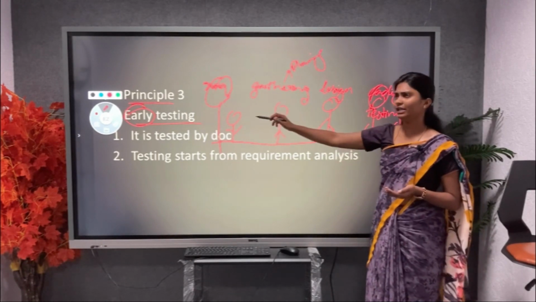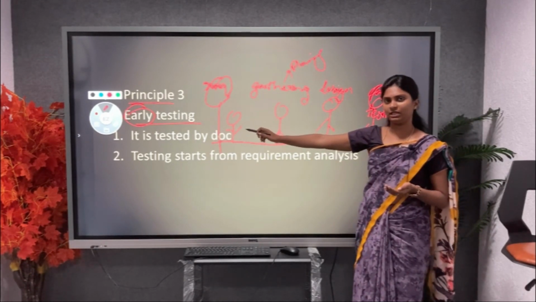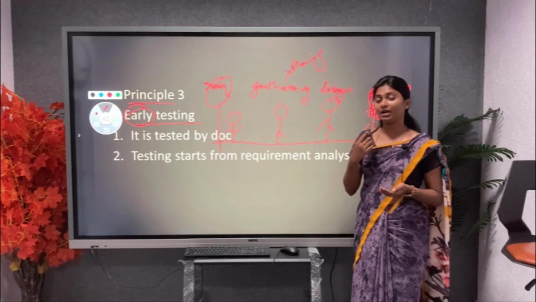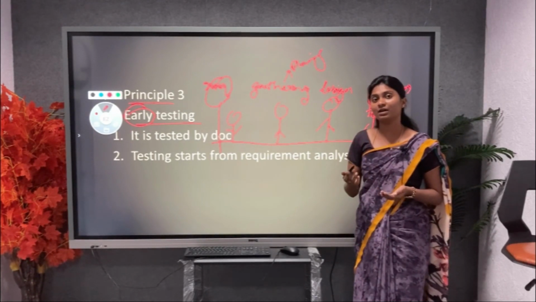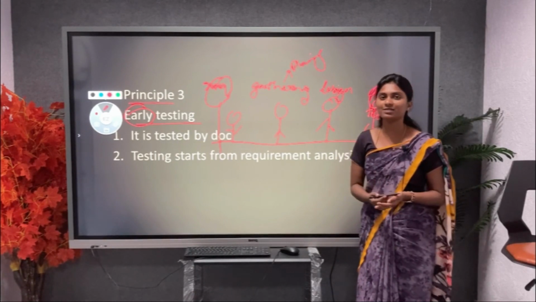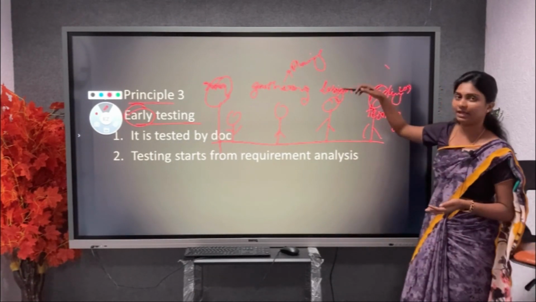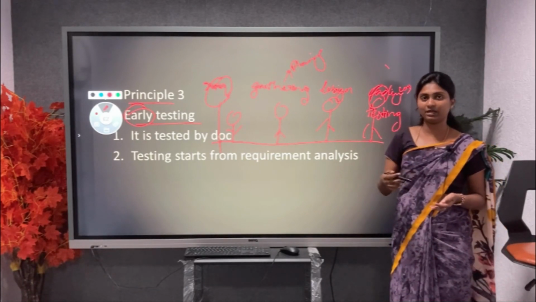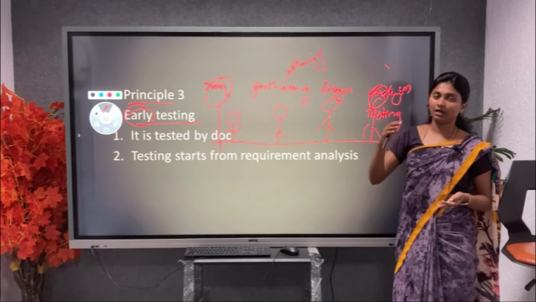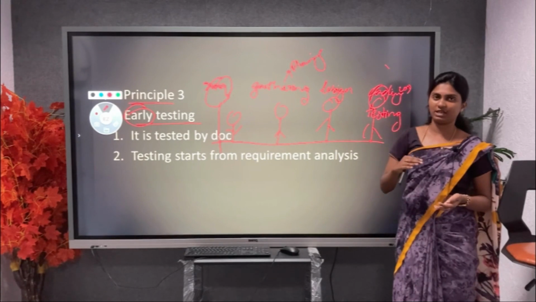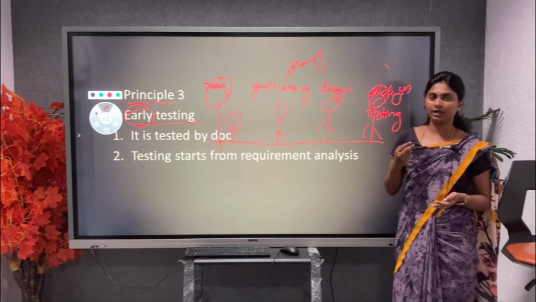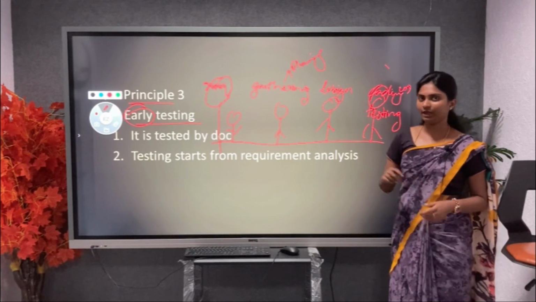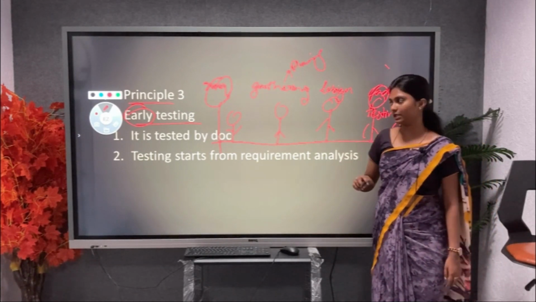But finding fewer bugs in the requirements means we cannot underestimate whether a bug is identified or not, because in testing there are so many errors. In testing only we will define so many errors, increasing on a daily basis in each phase. We cannot avoid it, it is impossible. So we have to identify them at early stages only.